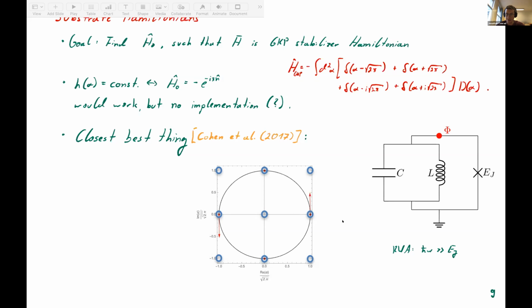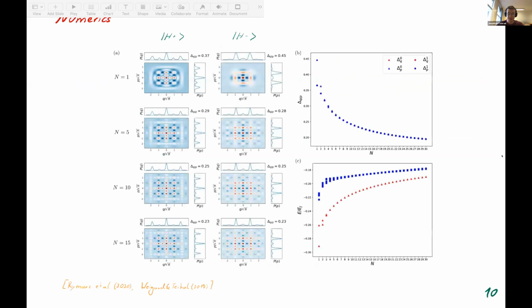I have done that, and so I could do some numerics on this. So what I do is I consider the circuit that I've seen earlier. I apply the rotating wave approximation. I apply the dynamic decoupling sequence and obtain a Hamiltonian whose properties are outlined here.